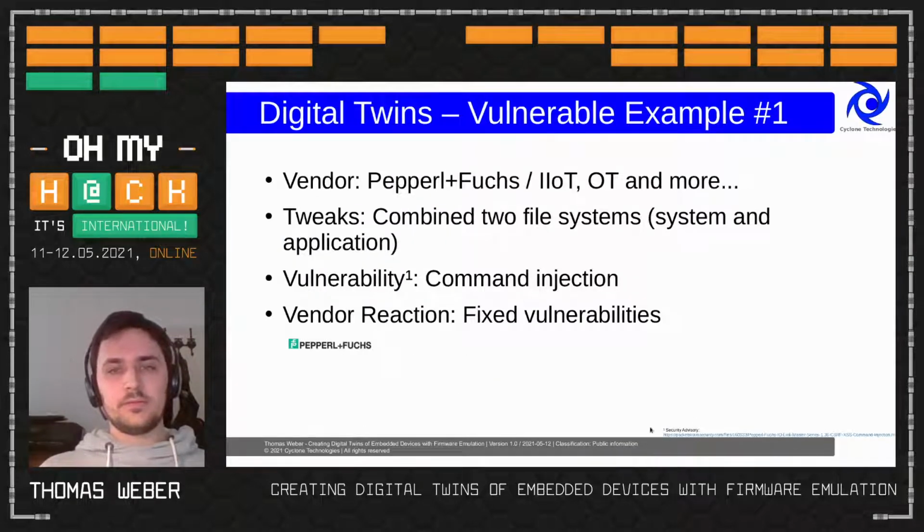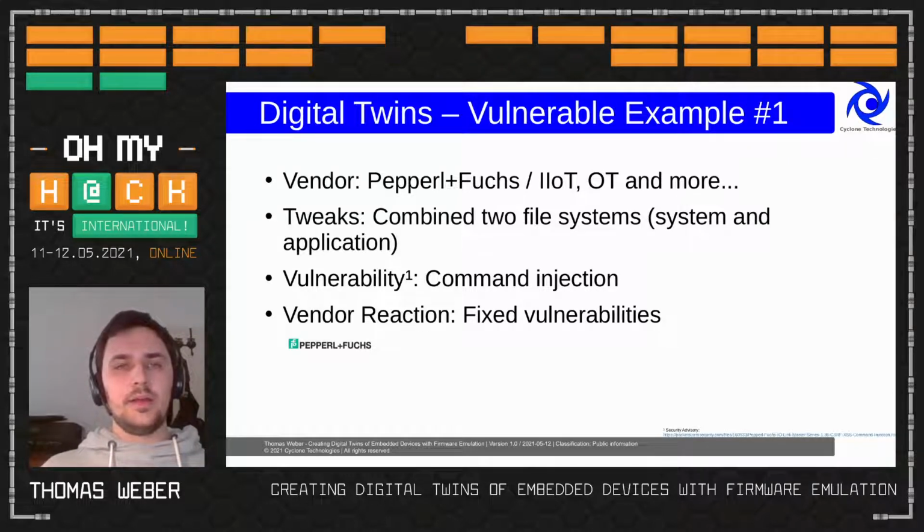So you can find, for example, for Pepperl+Fuchs, the link for the security advisory here. In that case, it was the vendor Pepperl+Fuchs, which is creating devices for industrial IoT, OT, and much more. So a really broad field.